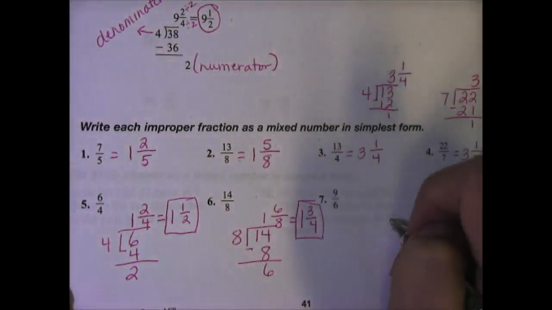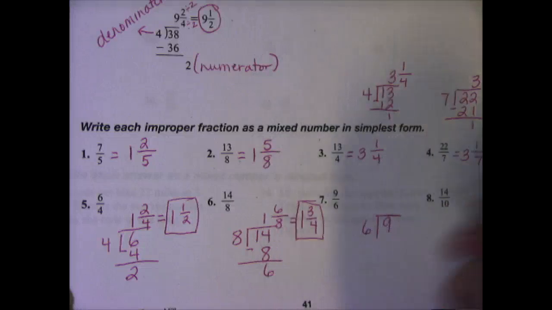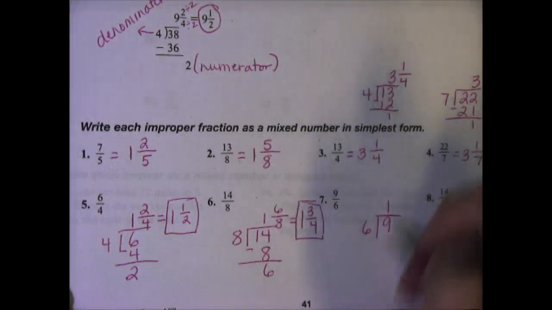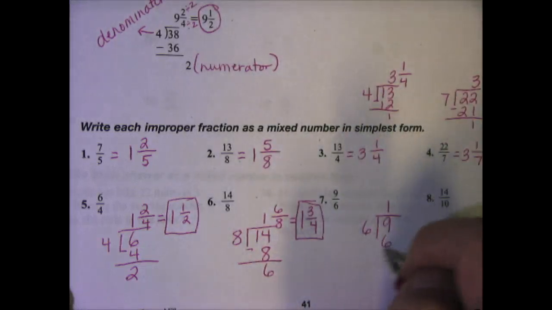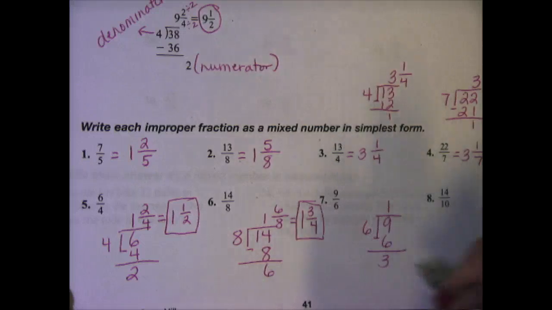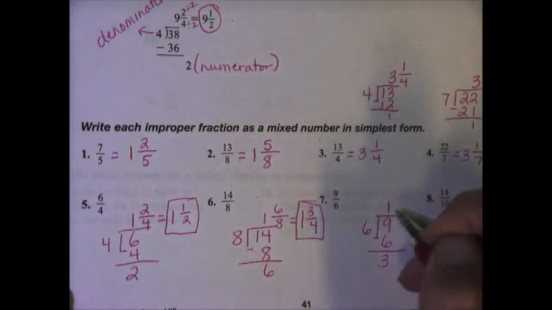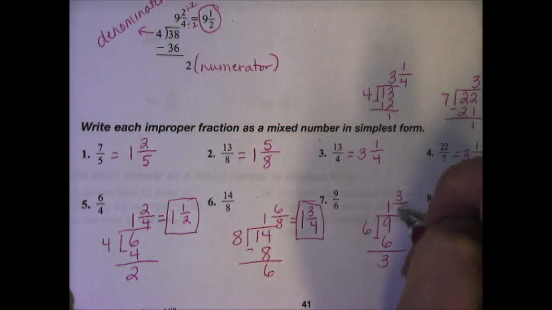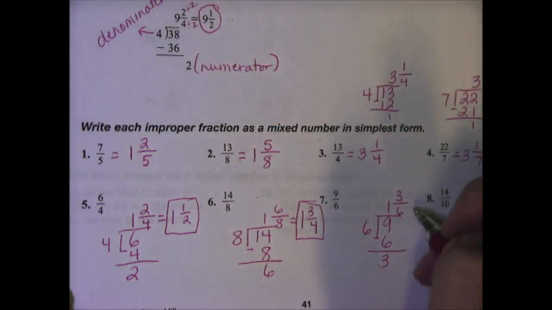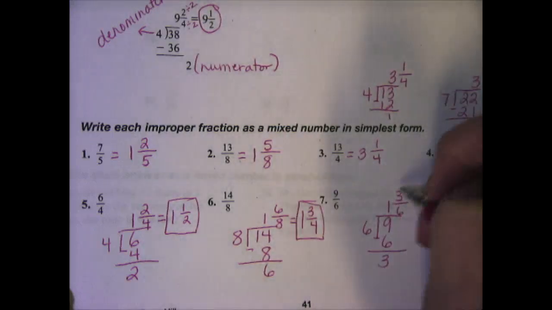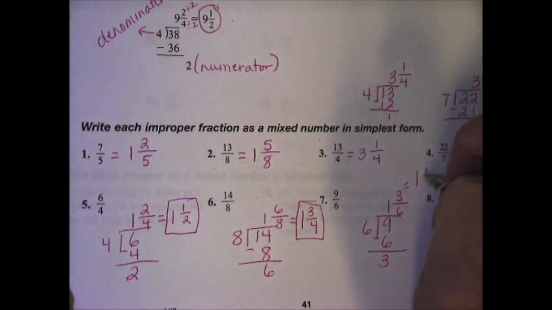Number 7, 9 divided by 6. 6 goes into 9 one time. 1 times 6 is 6. 9 minus 6 is 3. So I have 1 and 3 over 6. 3 over 6 will reduce to 1/2. So my answer is going to be 1 and 1/2.